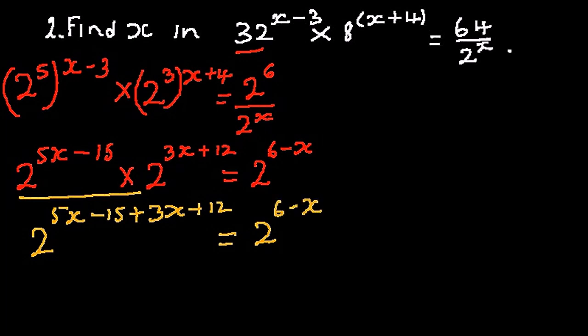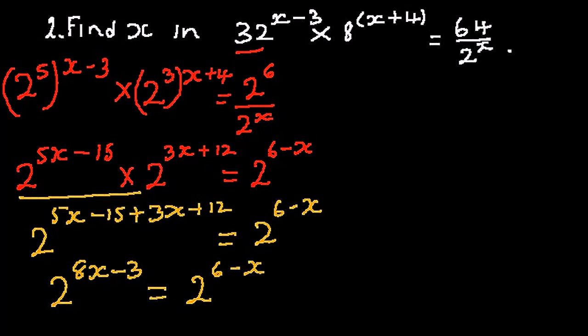Now 5x and 3x, we add the like terms, you get 8x, minus 15 plus 12, you get minus 3, is equal to 2 to power 6 minus x.